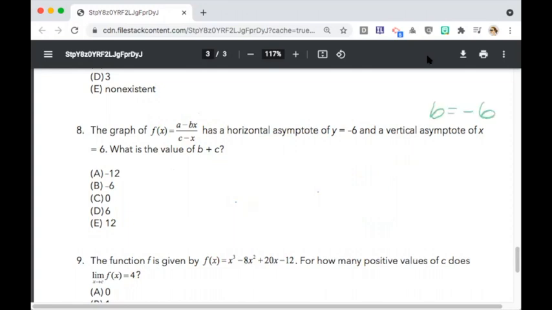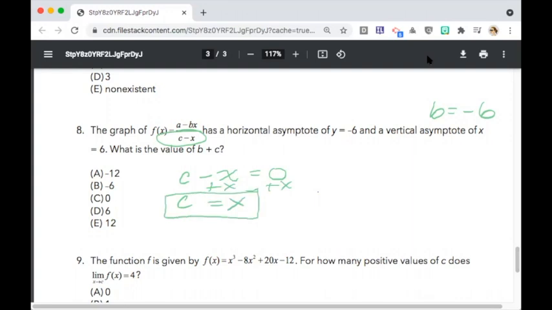All right, so then vertical asymptotes. You find vertical asymptotes on the bottom, right? So if we have a vertical asymptote, we're going to have c minus x equals 0. Whenever you set the bottom to 0, that's how you find your vertical asymptote. So if I solve this equation and I add x to both sides, we just found out that c equals x.